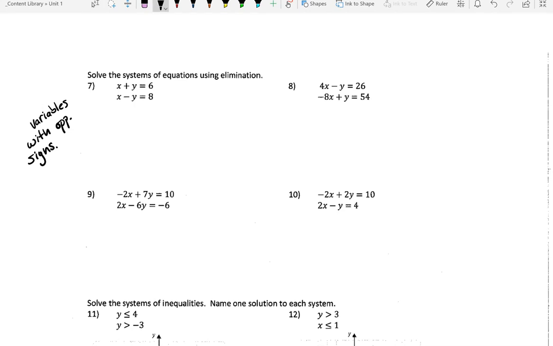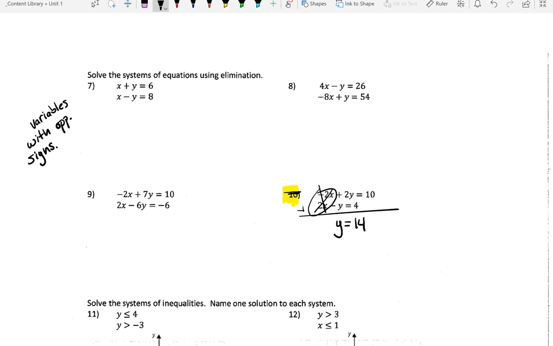we'll do 10. So I'm looking for opposite signs. So I see that my x's have opposite signs, as do my y's. I can now combine these this way and get a new equation. So when I do that, this cancels out. I'm left with y equals 14.